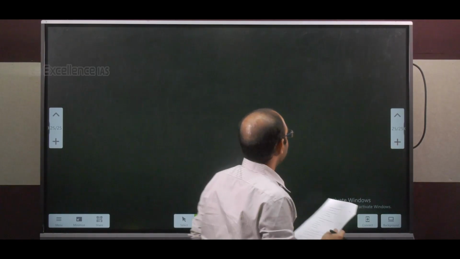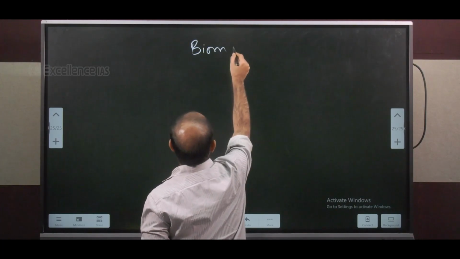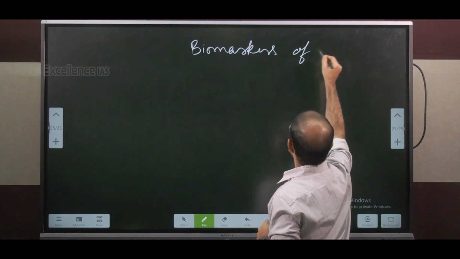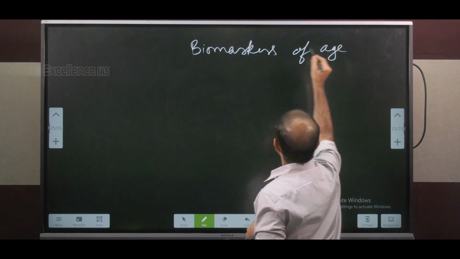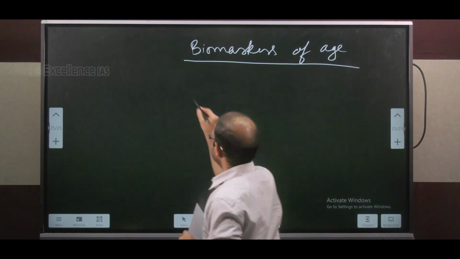And how do you measure biological age? You have certain things called biomarkers of age. Using these biomarkers of age, we calculate the biological age. So what can be these biomarkers of age?